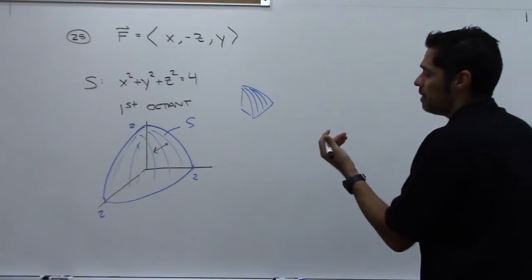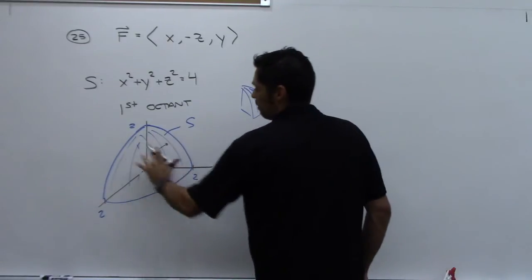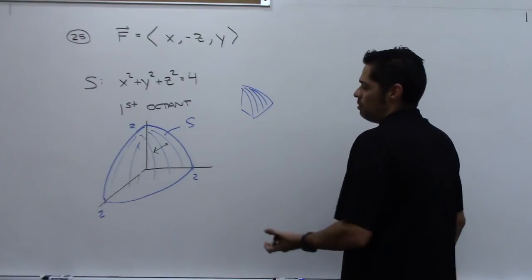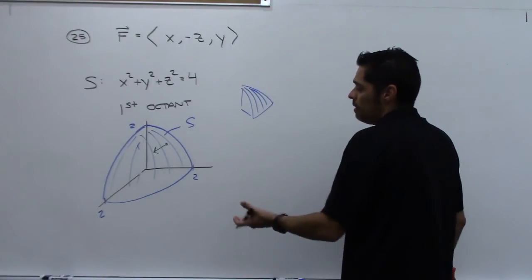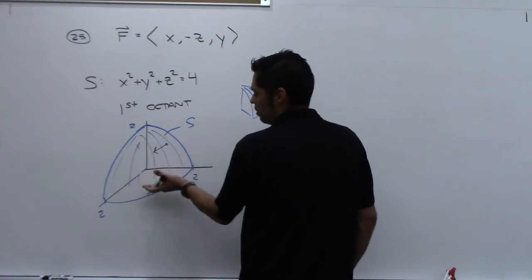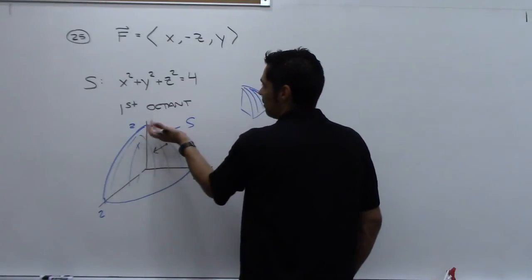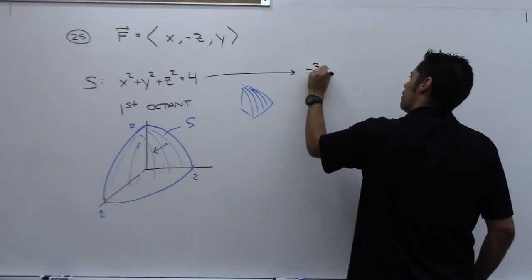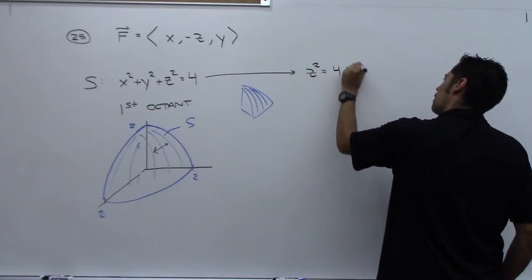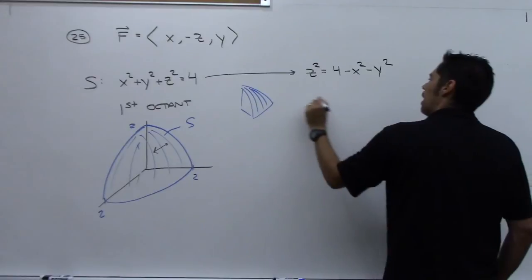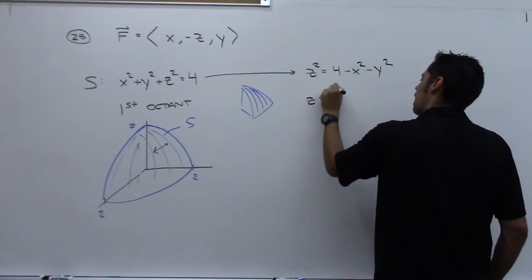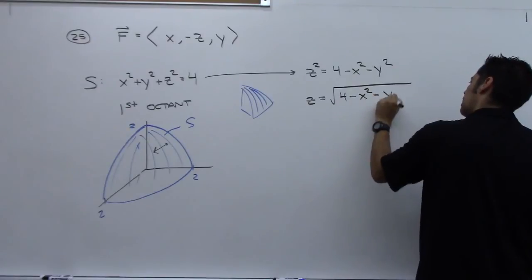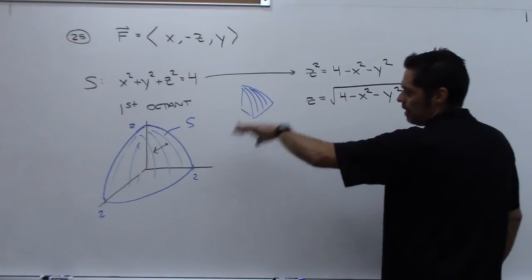Now, generally speaking, we could not look at this surface as a function of two variables because it's not a function, because it's the whole surface or the whole sphere. But if we're just looking in the first octant, just looking at the parts where z is positive, then we could take this if we wanted to and solve it for z and take the square root and only have to worry about the positive square root, because we're not looking at negative z values.